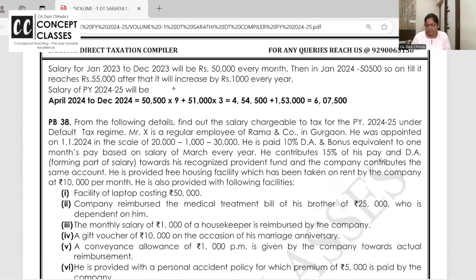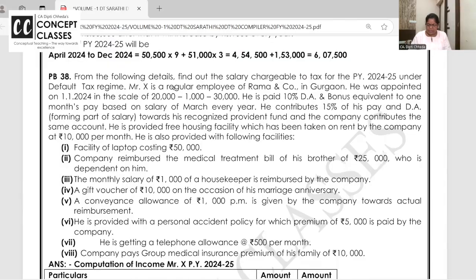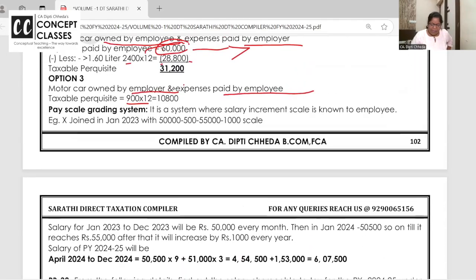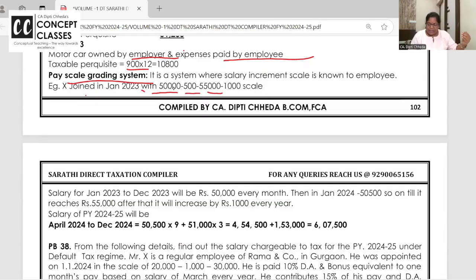You can do it. And now the last part we are doing is the pay scale system. Recently asked in MCQ. Pay grade, pay scale grading system. X joined in 2023 with 50,000-500. This means that every year 500 rupees your salary will increase. But you have joined in January 23, so it will increase in January 24.